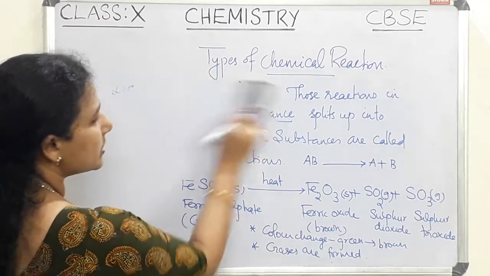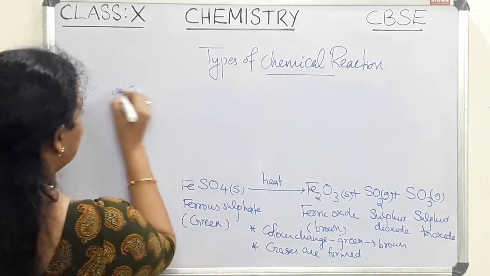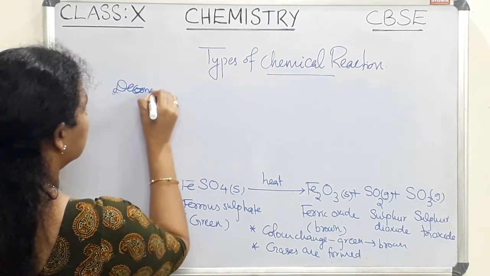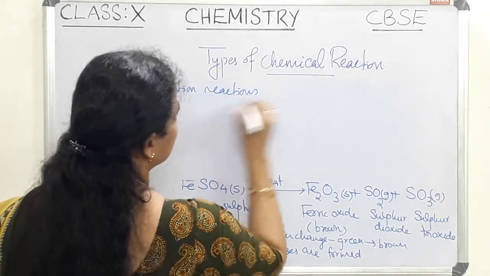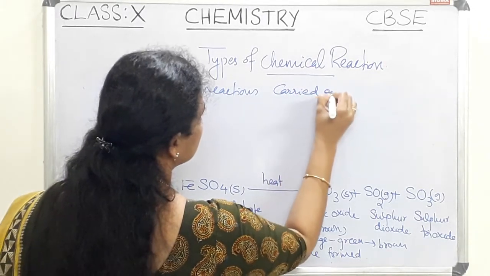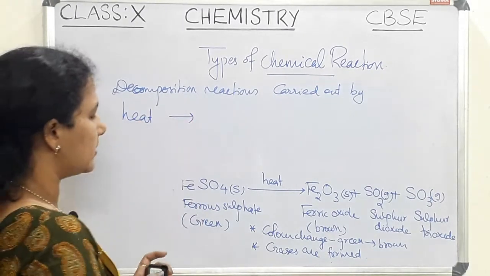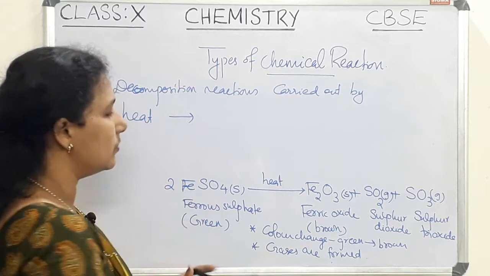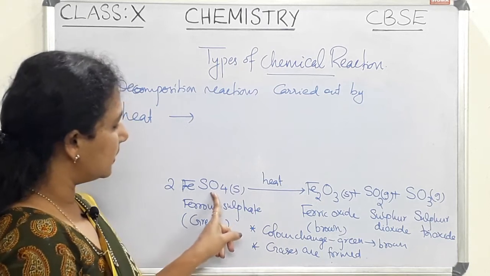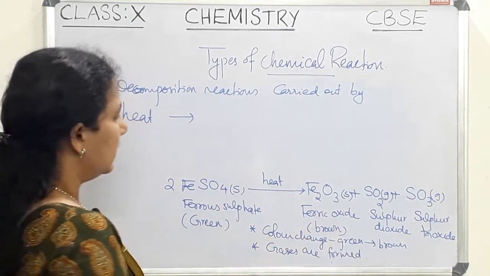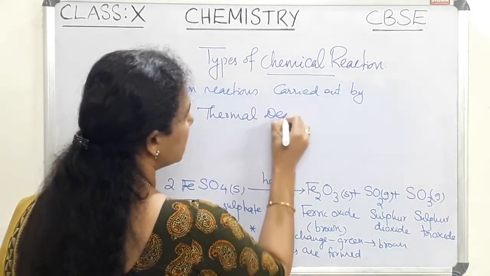Here decomposition reactions are actually carried out by heat. So when heat energy is used to convert this substance to these simpler substances, this type of decomposition reaction is known as a thermal decomposition reaction.